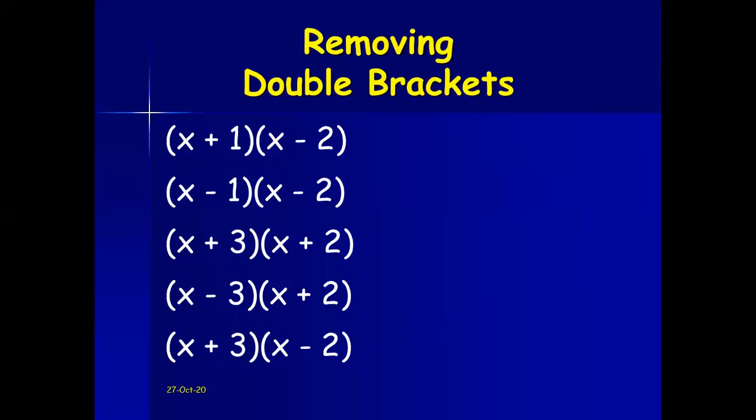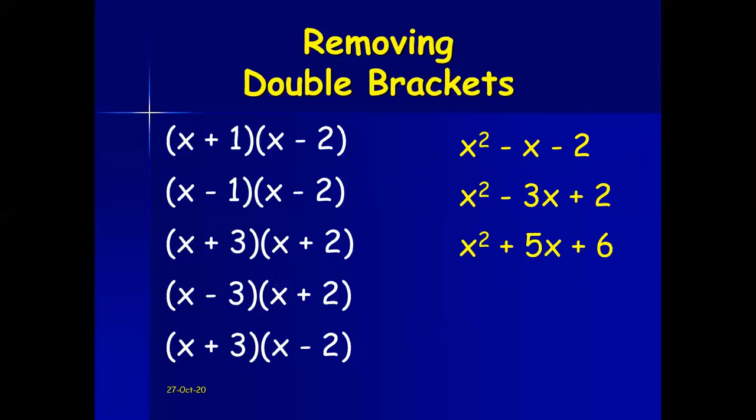So I'm going to have like terms, which are going to be x minus 2x, which will be minus x. And these are some examples for you, so you can make sure and correct for yourself whether your answers are correct or not.